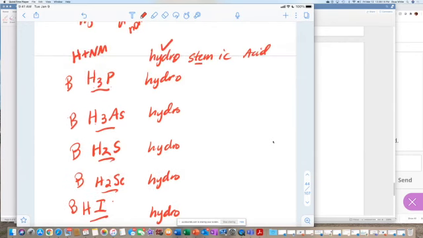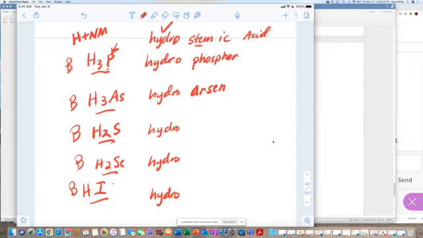So I'm done with this part. Now to find the stem word that works for this nonmetal. For acids, remember phosphorus is going to be phosphor. As, what's As again? Arsenic, arsen. I'm trying to just follow the format here.